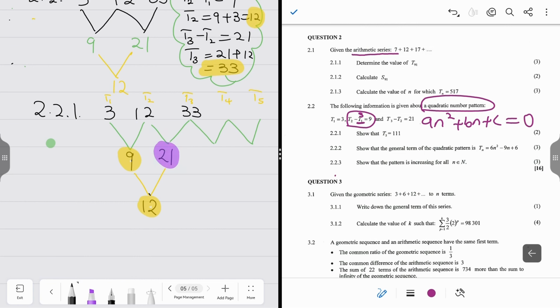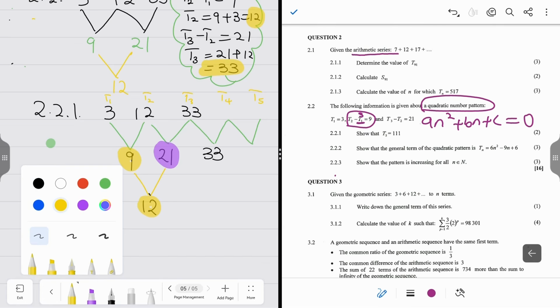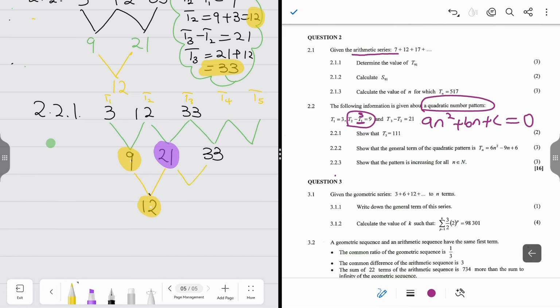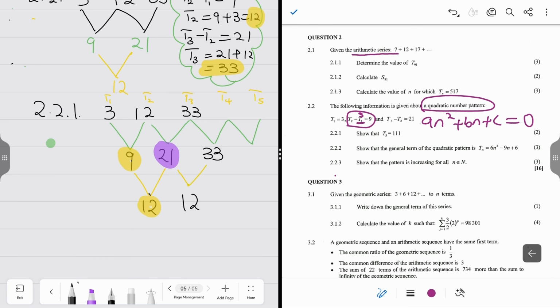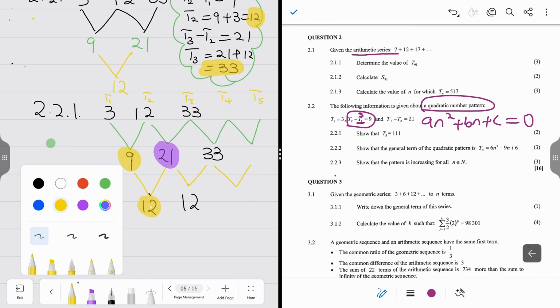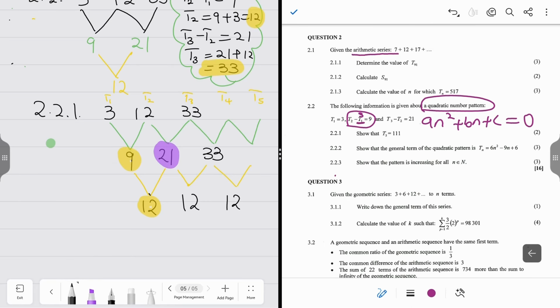If I do the same and say 12 plus 21, that is the one giving me 33. So if I say 12 plus 21, I should get the answer here, which is 33. But remember that I have to be able to say 33 minus 21, and that must also give me 12, because these ones, no matter what, have to all be 12. That is the rule, right? The second difference is always going to be 12.